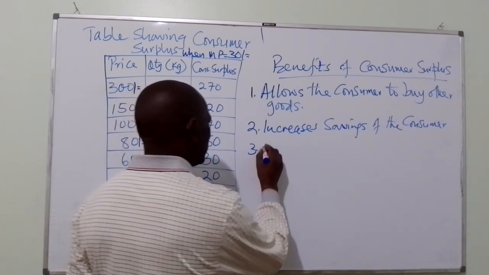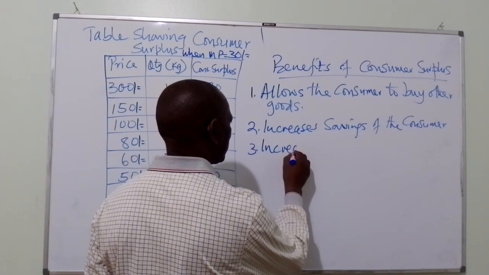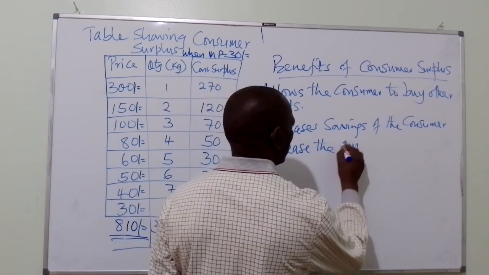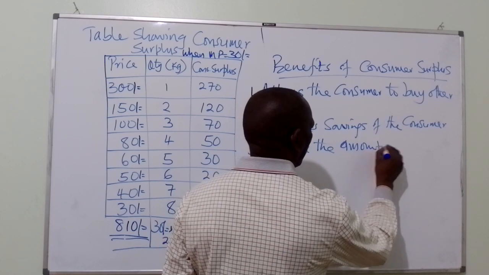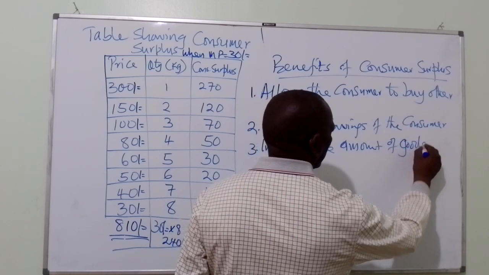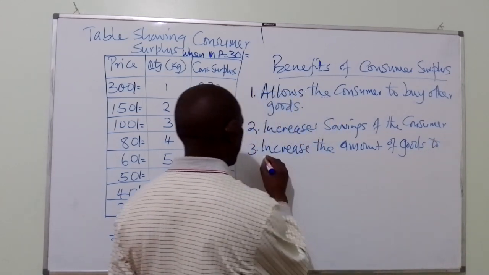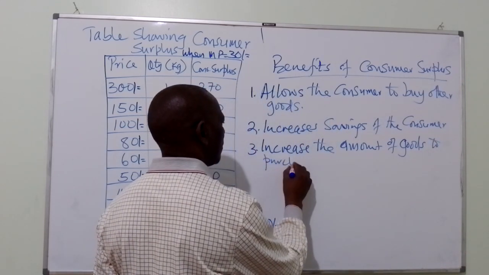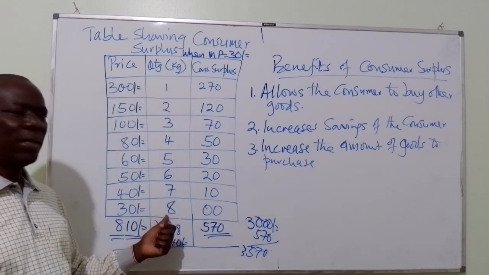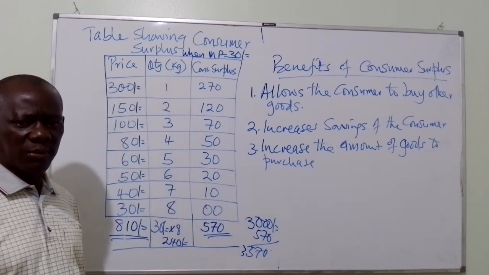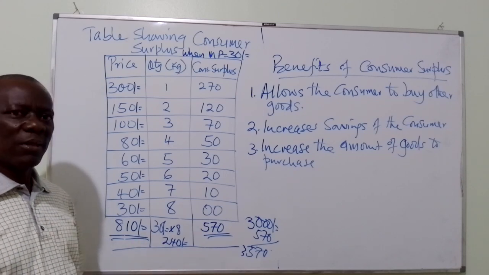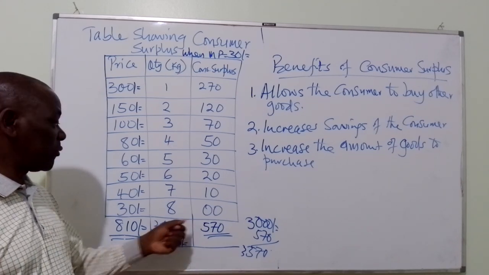So it increases the amount of goods to purchase. This consumer can now buy 15 kilograms. So it increases the amount of commodities he is to buy.